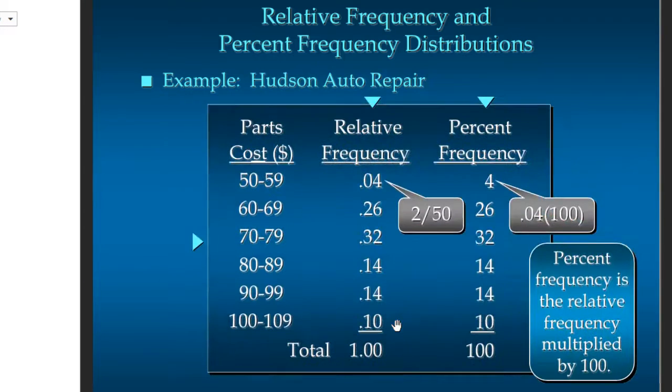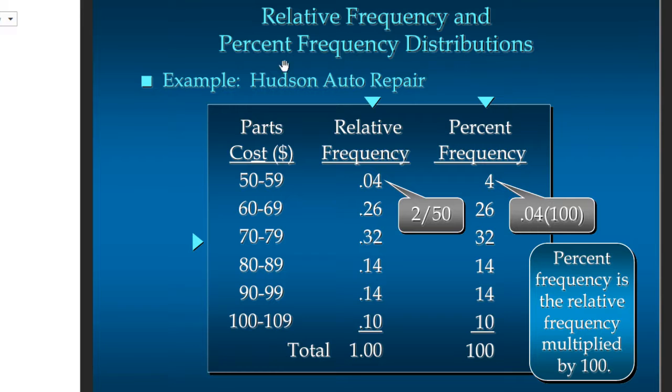So once you build this frequency or relative frequency table, it's a lot easier to see. You can see that 32% of customers paid anywhere between $70 to $79, which is the biggest portion because that's the biggest percent, right? Only 10% spend more than $100 and 4% spend less than $60, or anywhere between $50 to $59.